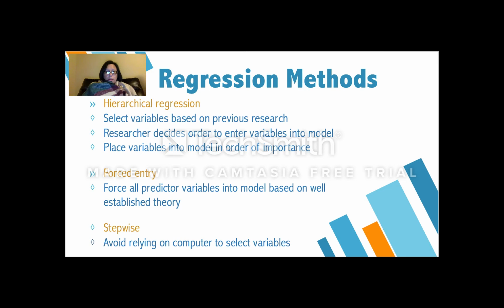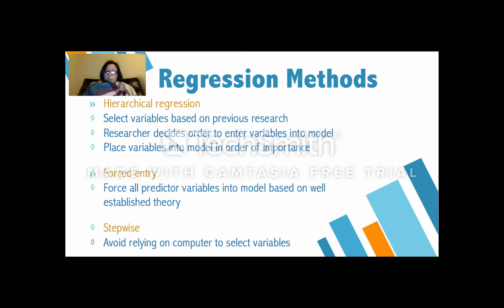Do not select hundreds of random predictors and place them in a regression analysis and just hope for the best. You should select predictors based on a sound theoretical rationale or well-conducted past research that has demonstrated the importance of those variables for the topic you're studying.